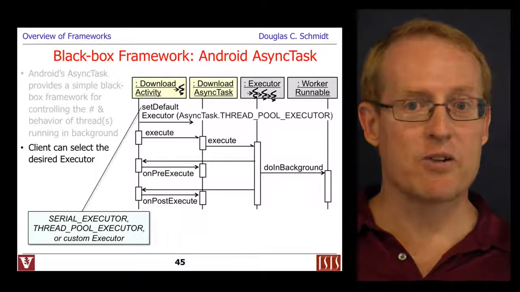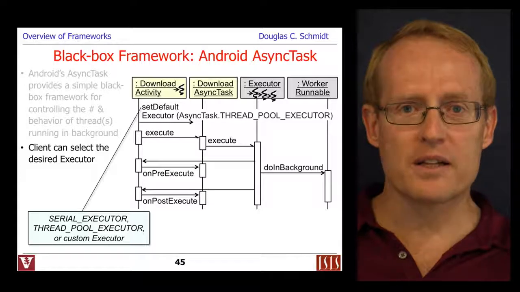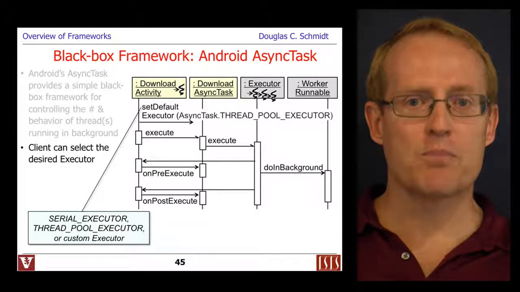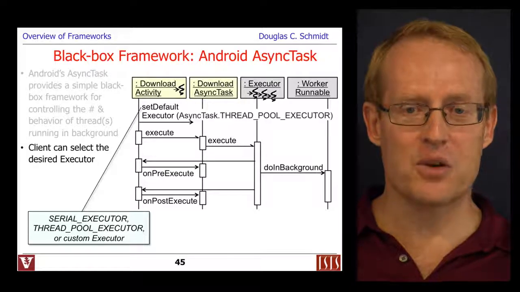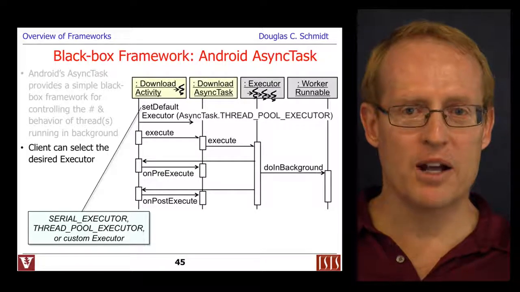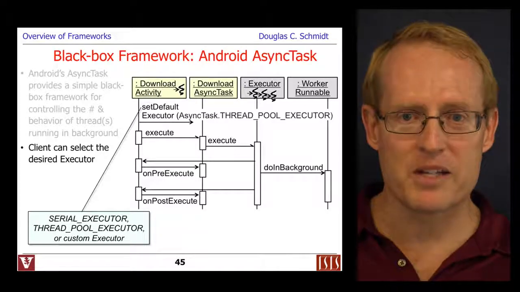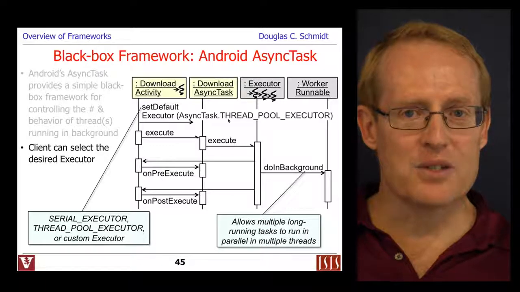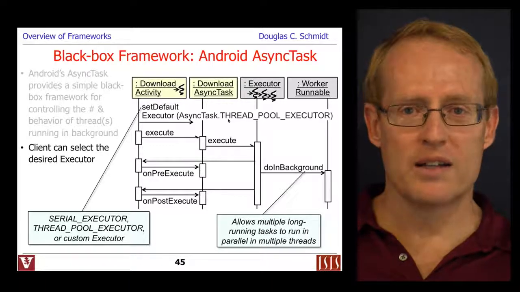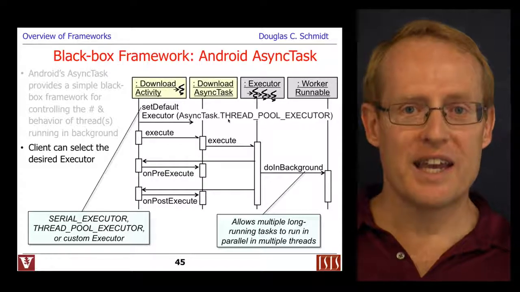You can select a serial executor, which is the default behavior, or you can select a thread pool executor, which allows a pool of threads to run different async task execute operations in parallel. In fact, you can even go as far as to write your own custom executor and pass that in. And that allows the framework to run different doInBackground hook method invocations in different threads of control, so they can run in parallel.